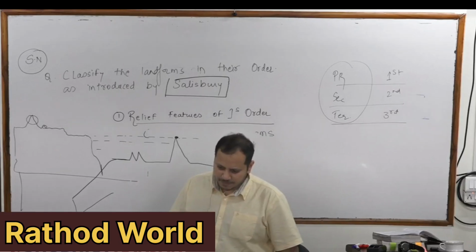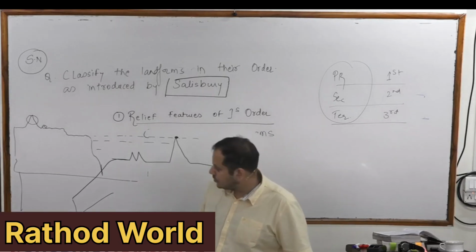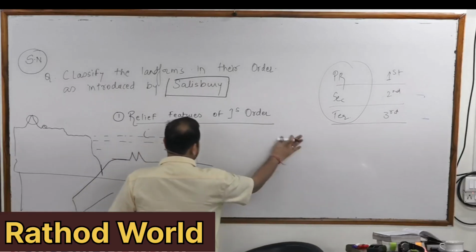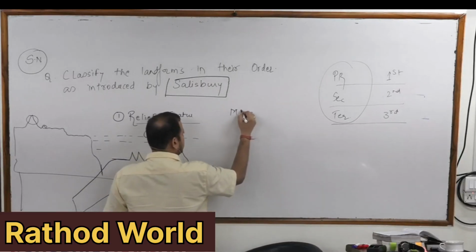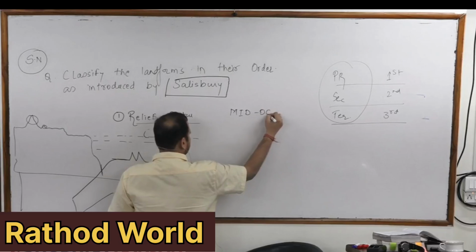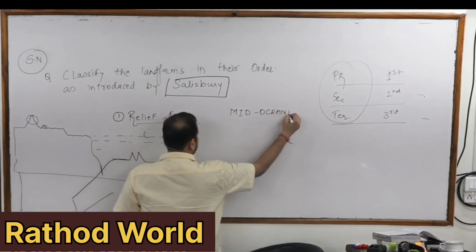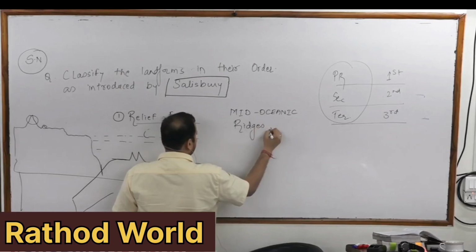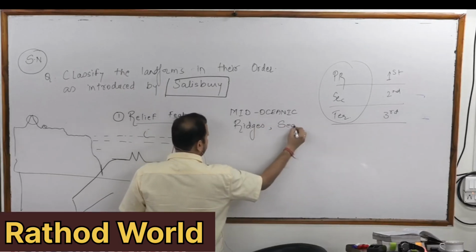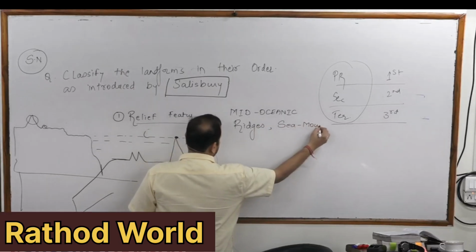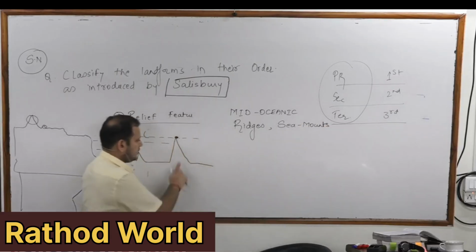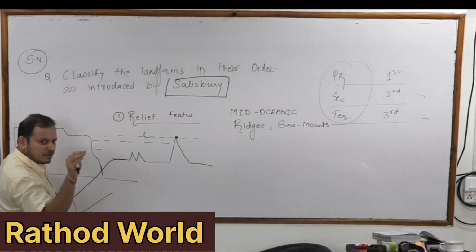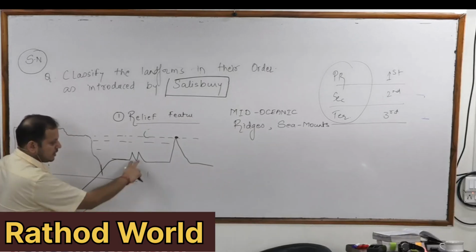and mid-oceanic ridges, comma, sea mounts. This is a seamount. A mountain which is of a lower height but parallel is known as a ridge.